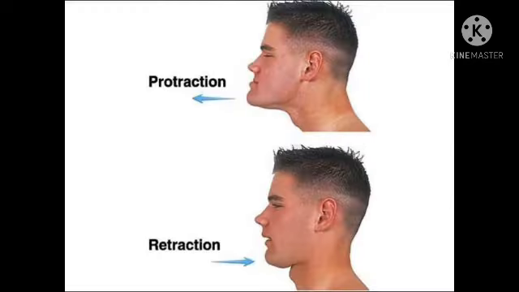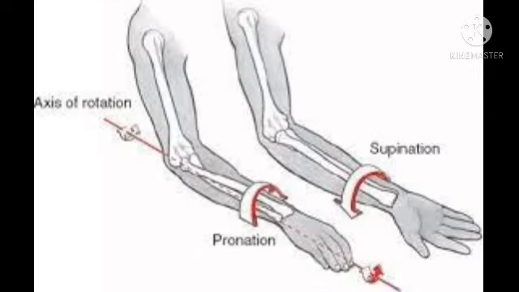Then the protraction. Protraction is outward, like when we protrude our jaw outside, and we retract our jaw, the mandible, toward the body. Pronation and supination are especially brought about in the forearm, because two bones, the radius and the ulna, ride upon each other and bring about the pronation, that is palm down, and palm up is called the supination.